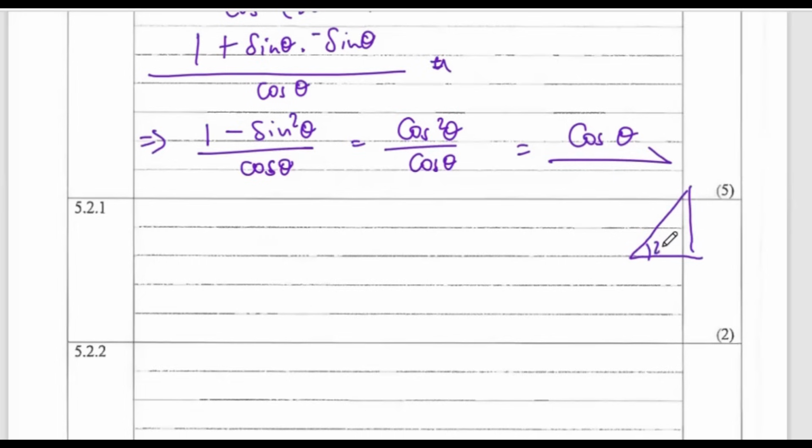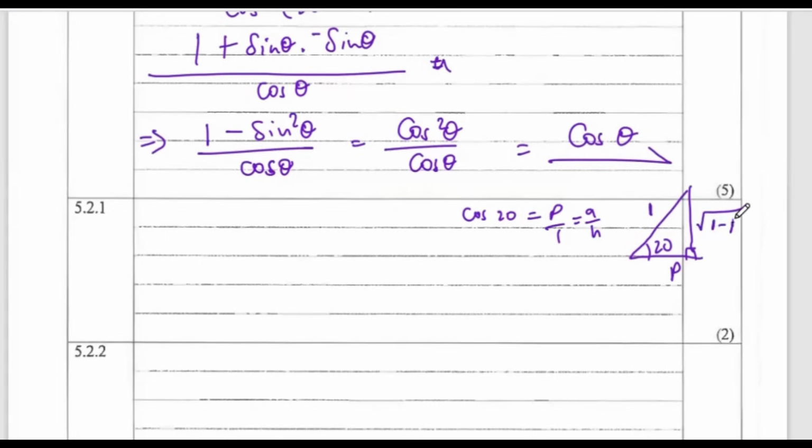So that is a 20. They told us the cos of 20 is p, so this is the same as p over 1. There's nothing at the bottom. Cos is adjacent over the hypotenuse, so this is a p, this is a 1. Then from the theorem of Pythagoras, we need to find the missing side here.